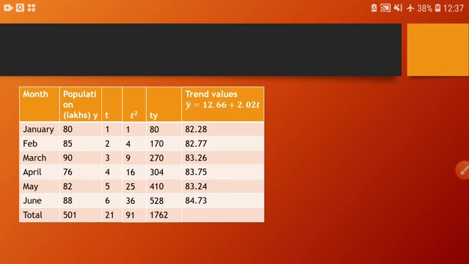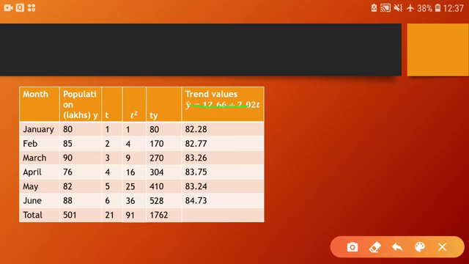So you will be finding this. This is not your equation, yes, it is a typing mistake, it is the equation for the previous sum. Your y cap is 81.79 plus 0.49 t.